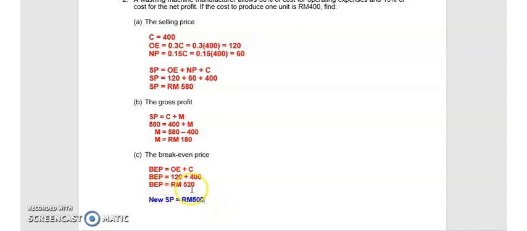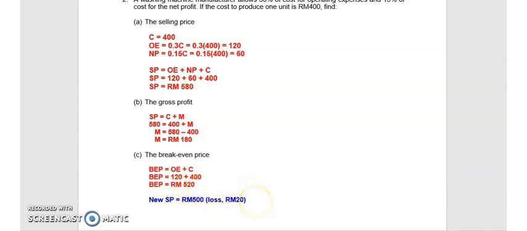Look at the break-even price. The minimum price that you can sell is 520, but now your new selling price is less than 520, right? So in this case, loss will be incurred. How much? A loss of RM 20, because the break-even price is 520 ringgit.